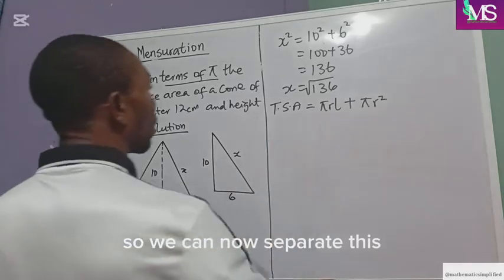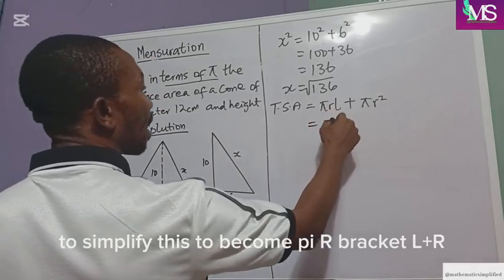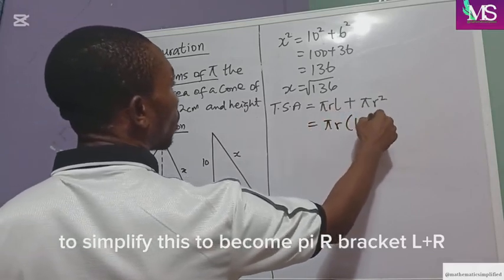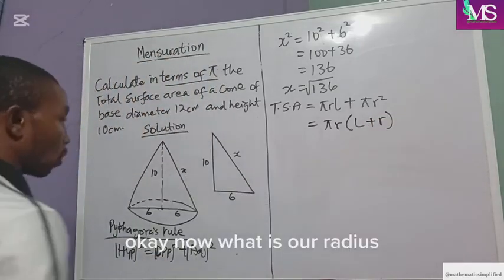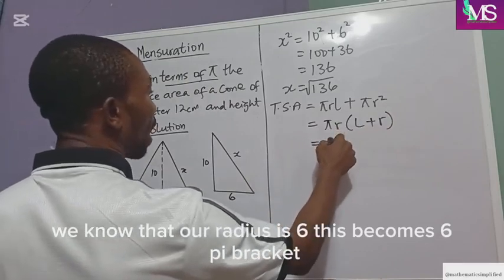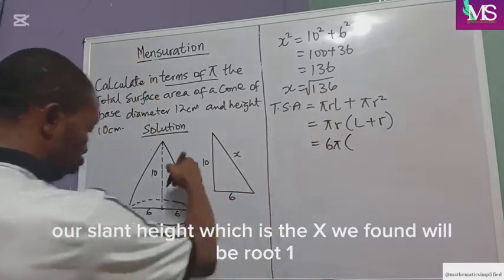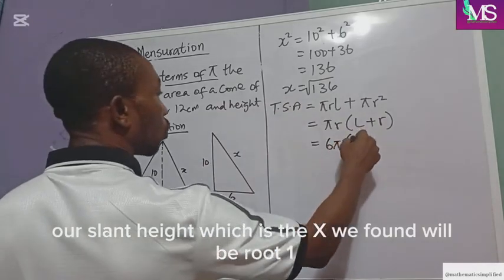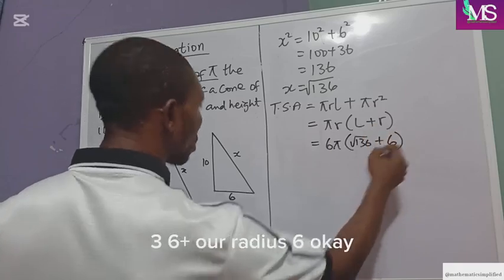So we can simplify this to become pi r bracket L plus r. Now what is our radius? We know that our radius is 6. This becomes 6 pi bracket our slant height, which is the x we found, root 136, plus our radius 6.